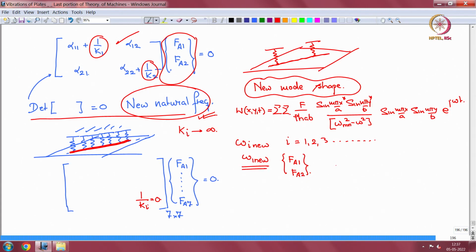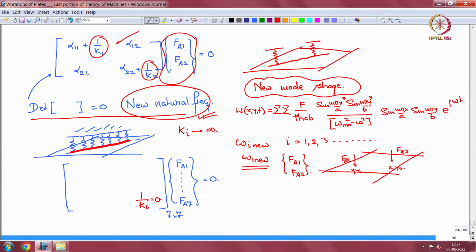So that means I have a force FA1 at one location, and a force FA2 at 2 location.